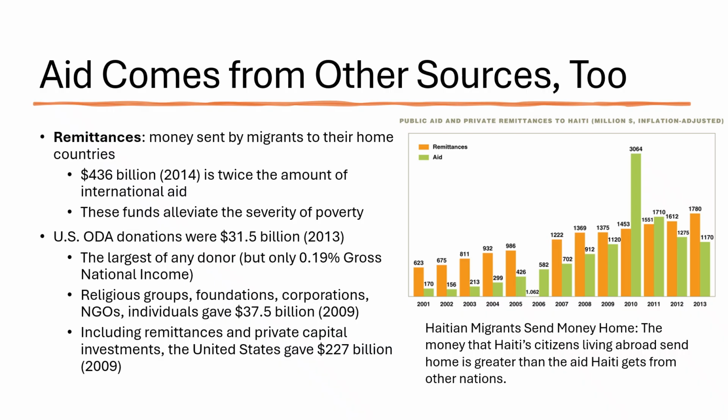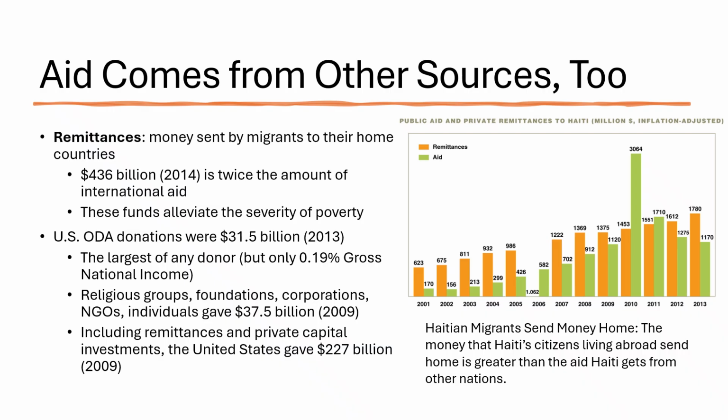In Haiti, for example, Haitian migrants have sent money home for pretty much the past 20 years. The amount of money sent by remittance is actually higher than what Haiti gets from other nations through the ODA program.